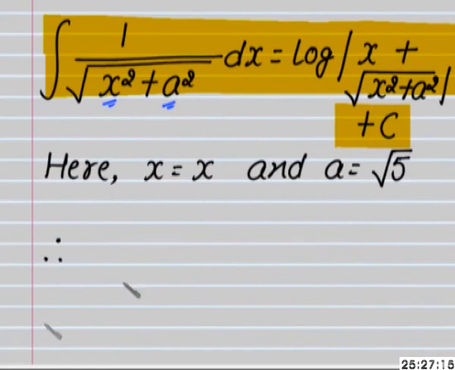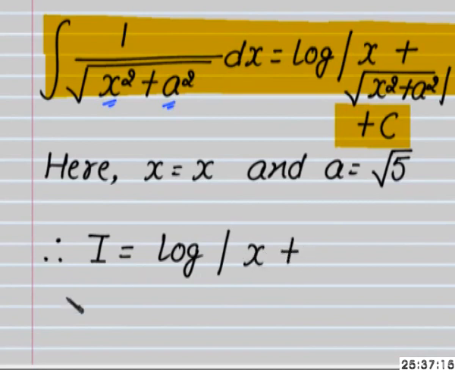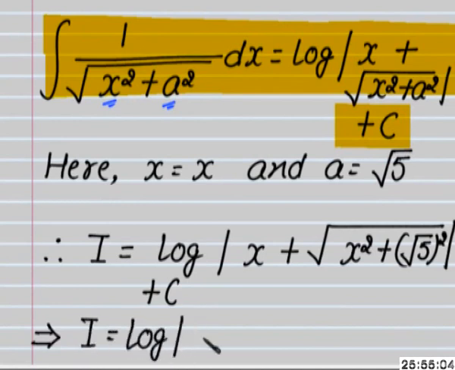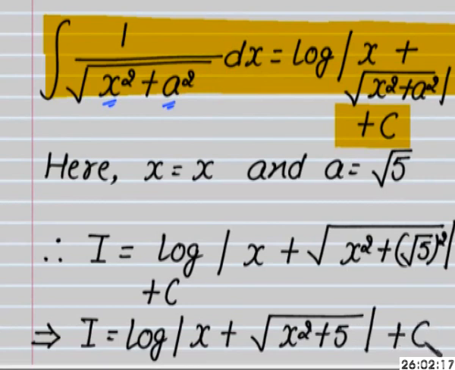Therefore, I is equal to log of mod of x plus square root of x square plus root 5 square plus c, and this implies I is equal to log of mod of x plus square root of x square plus 5 plus c.